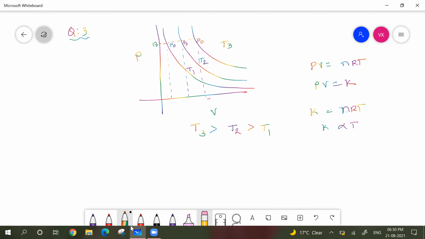How will it happen? Only when the temperature increases. So based on that, we can explain that T3 is greater than T2, which is greater than T1. So like this, they may ask any kind of question, you should be able to answer if you understand the concept and you know the basics about Boyle's law.